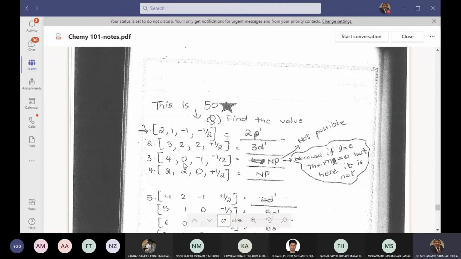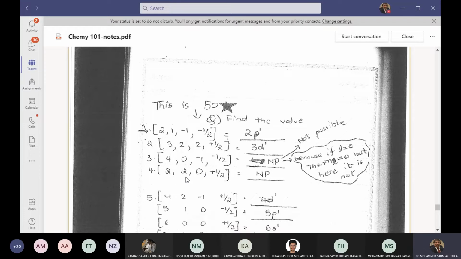40 means 4s. But the value for the third one, magnetic quantum number or ML, if L is 0, ML should be 0 also. I have written minus half. Minus half means not possible. Similarly, I wrote down 220, that means it should be 2D.